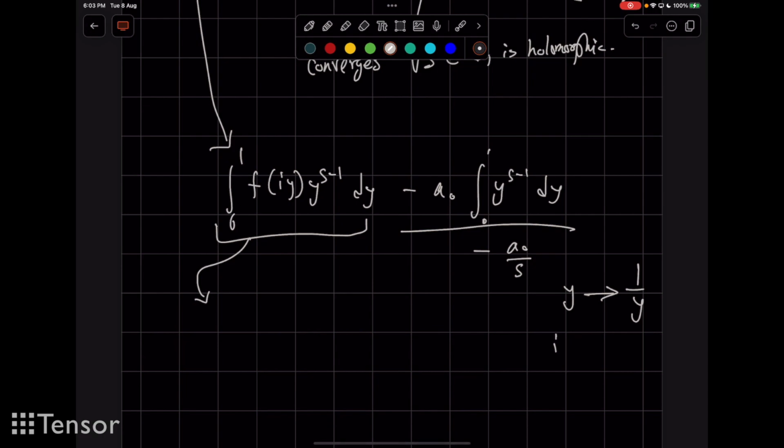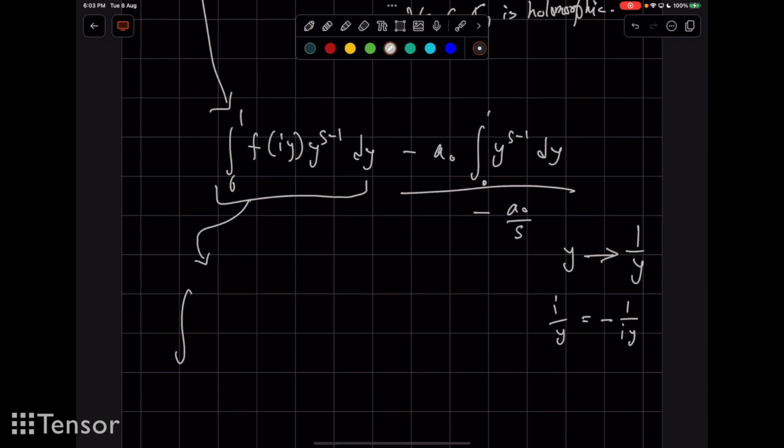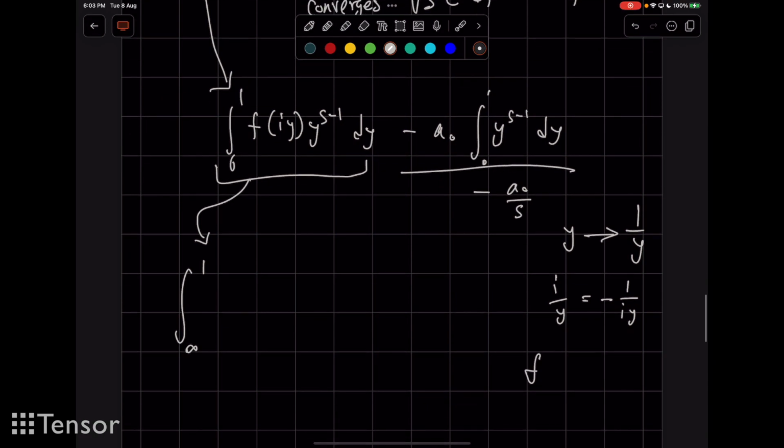If we do that change of variables, the upper limit still stays 1, but the lower limit is infinity, and this is f of negative 1 over iy. What is this?